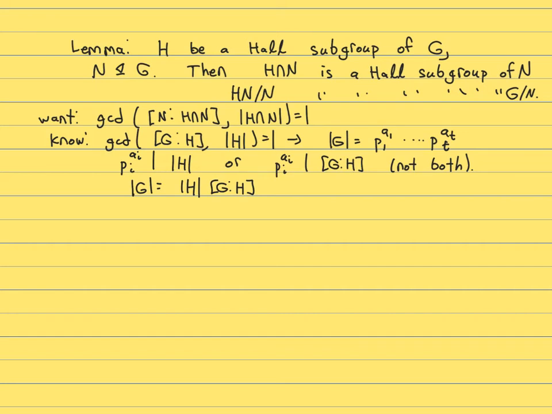So this is a fact we're going to use. So here's what we're going to do. We're going to take a prime dividing the order of this intersection. Now we're going to take the smallest k with p to the k dividing the order of the intersection, but p to the k plus 1 does not.